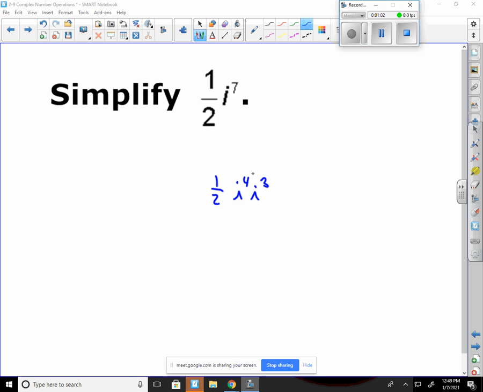The i to the fourth automatically becomes 1, so this would be 1/2 i to the third. Then you just go back to your chart and check what i to the third is. i to the third is equal to negative i, so this would be negative 1/2 i. And that's our final answer.